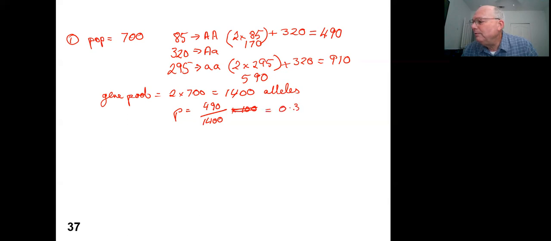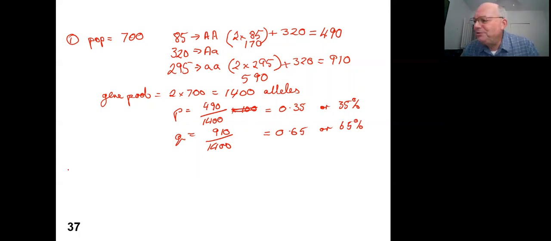It equals 0.35, or 35% if we multiply by 100. Q equals 910 divided by 1,400, which equals 0.65. Could have figured that out with simple mental arithmetic. Equals 0.65 or 65%. So that's our answer to question 1.